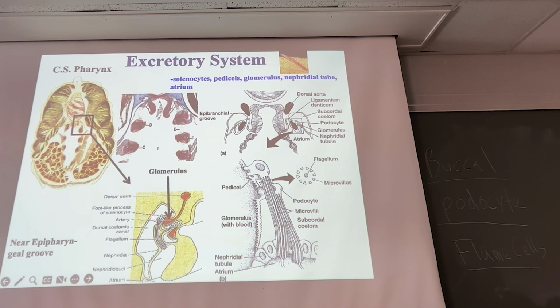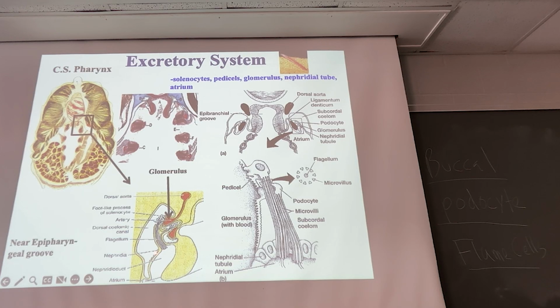So notice they're basically packing this area surrounding this ball of capillaries, and then they send their long microvilli down into this tube. Notice the tube runs from where the selenocyte cell bodies are found down and empties into the atrium.